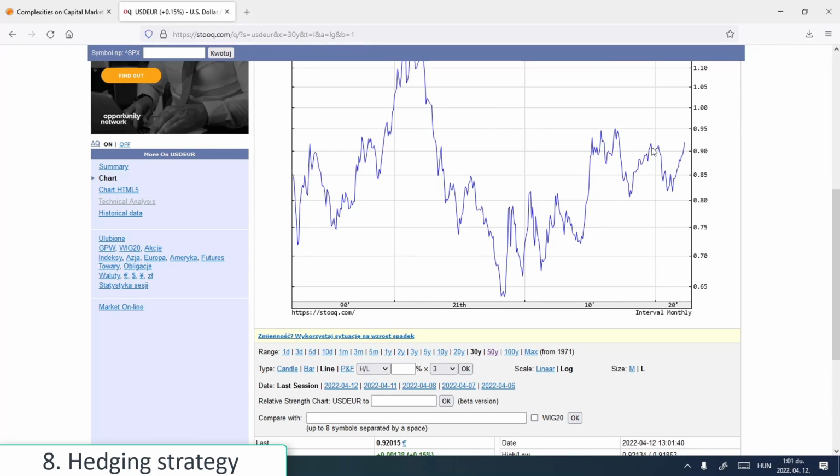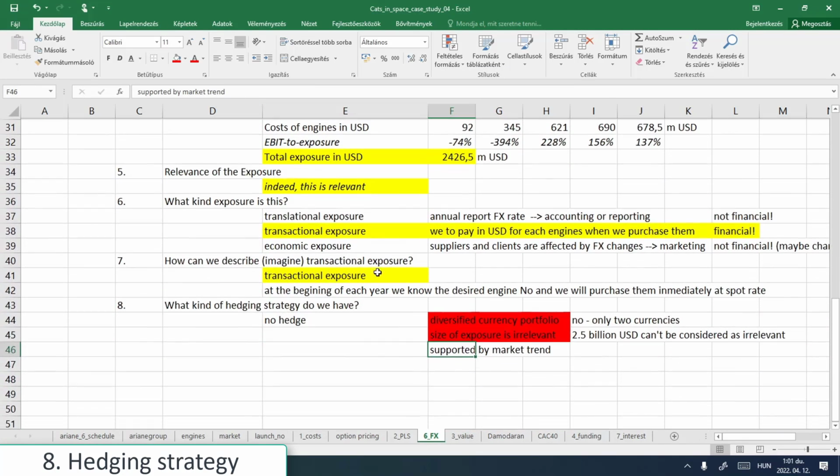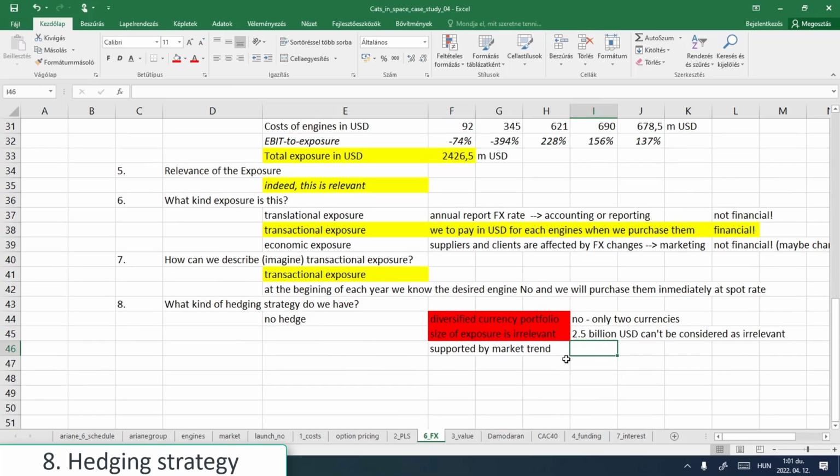In this case we have much more like a depreciation. Okay, we were not writing this one, but we can say no market trend.